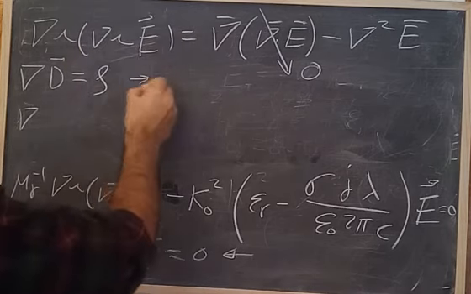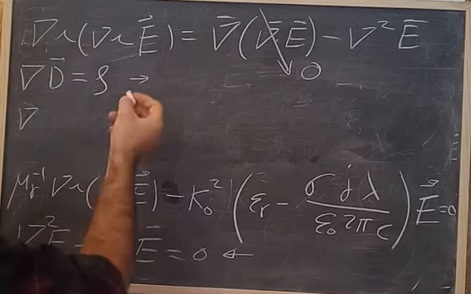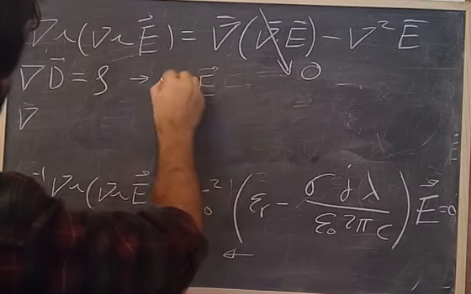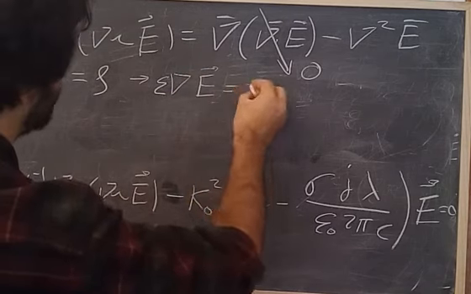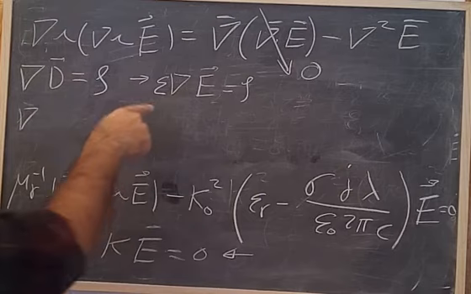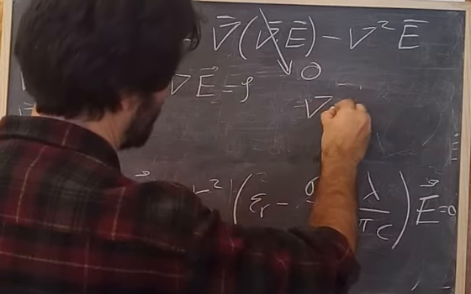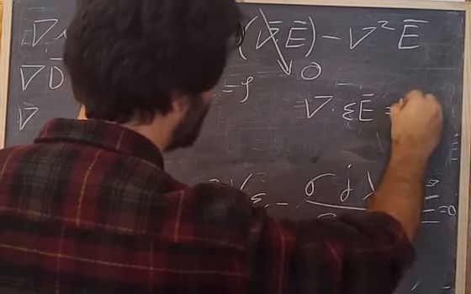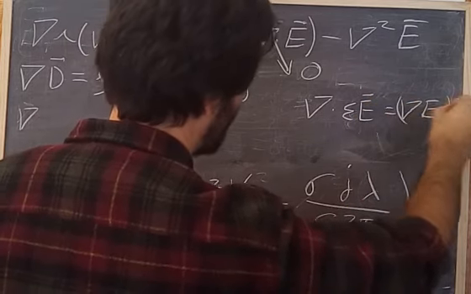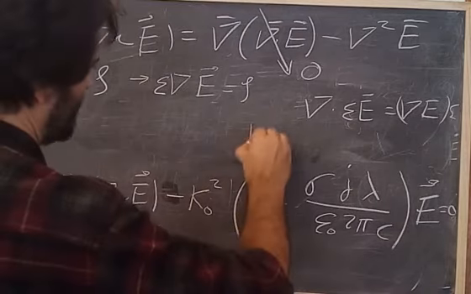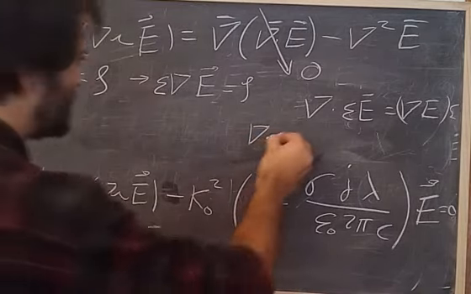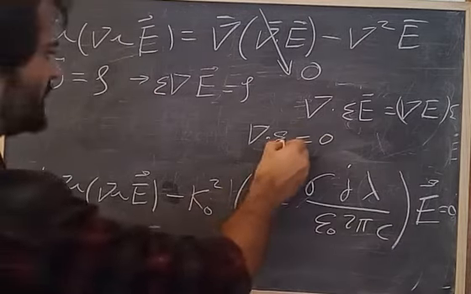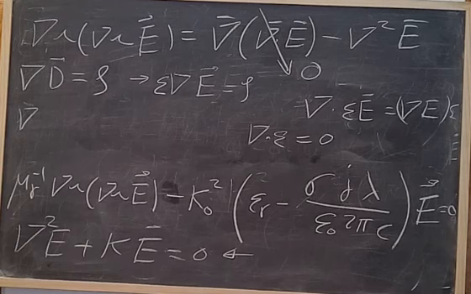Someone can transform this expression into this equation, where this means that the epsilon E is equal to the gradient of E multiplied by epsilon, where there is a change in the space. It is 0. Okay, it is a homogeneous parameter in all the space.